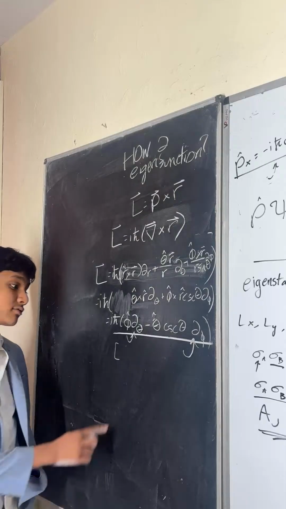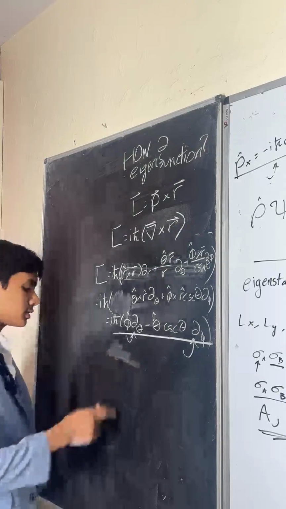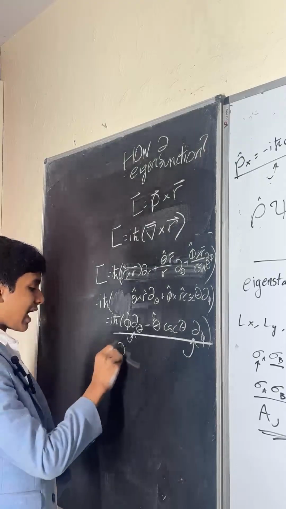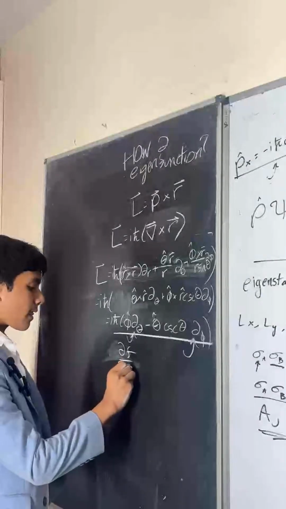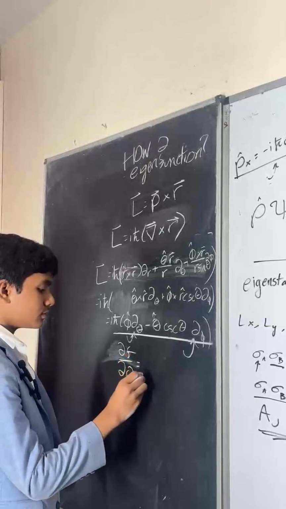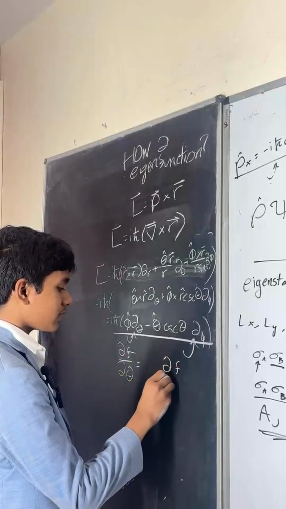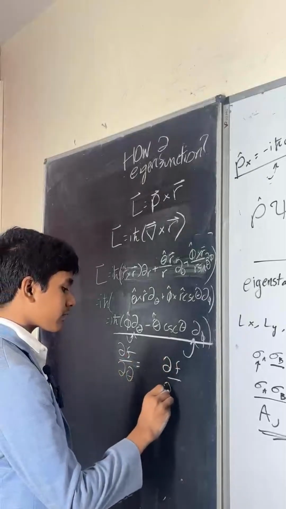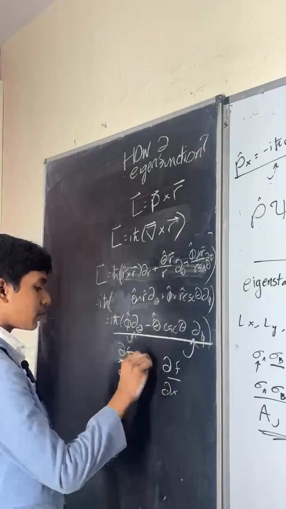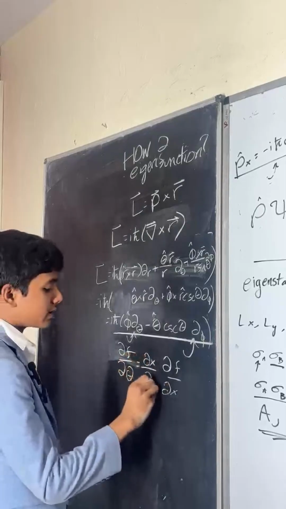It's going to be the chain rule. So, partial f partial theta is equal to partial f partial whatever times partial whatever partial theta.